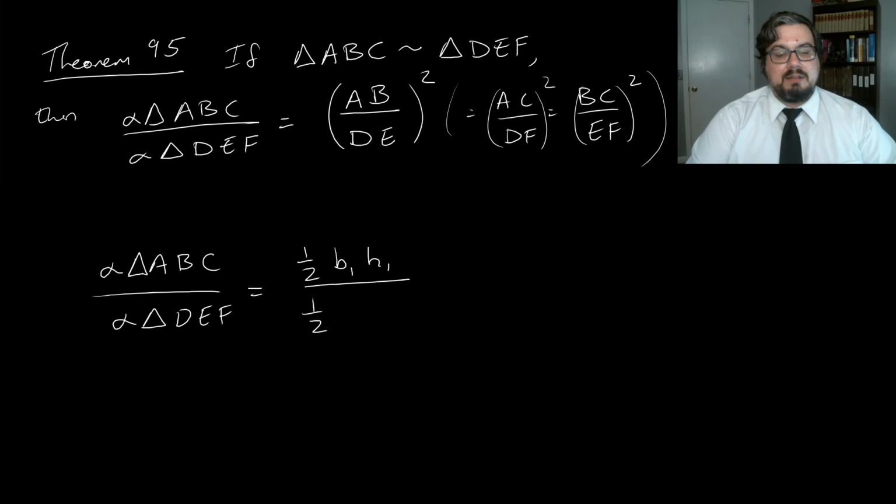And the area of triangle DEF is 1/2 times B2 times H2. So the 1/2s will cancel, of course, and then B1 over B2, this is a ratio of two corresponding sides. When we go to write down our areas, we can choose to use corresponding bases here.